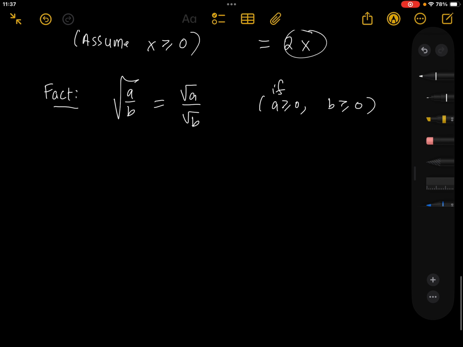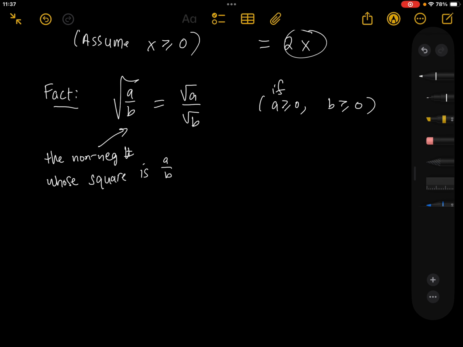Why is this true? Again, we have to think about what exactly this equation is saying. The square root of a over b on the left means the non-negative number whose square is a divided by b.